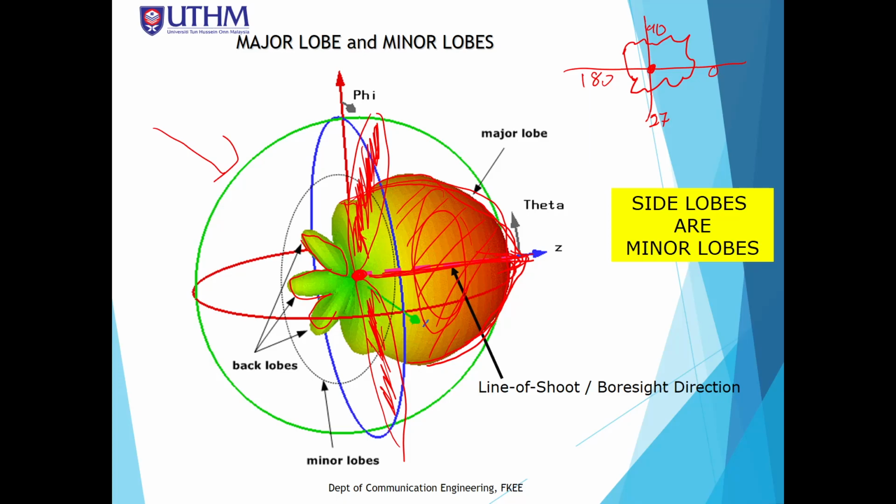Okay, bila kita pancarkan dalam udara, dia sebenarnya tidak menumpu kepada satu arah sahaja, sebenarnya dia akan terpancar pada banyak arah. Okay, so that's why we want to see the patterns. Majority will go to the major lobe, some goes to the side lobe, and a very small amount will go to the back. Back lobe ini dia punya intensity very small.